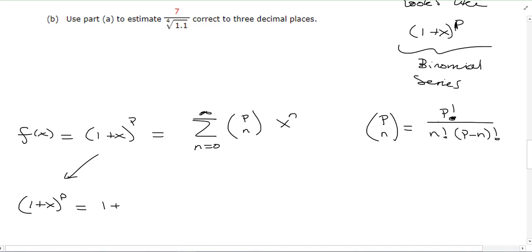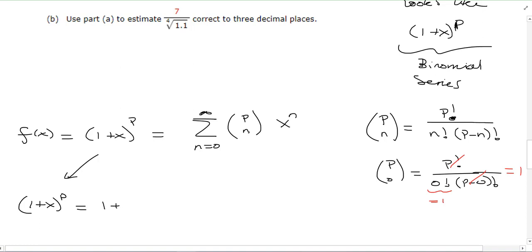So when n is 0, p choose 0 is p factorial over 0 factorial times p minus 0 factorial. 0 factorial is defined to be 1, right? So you end up with p factorial divided by p factorial, which is 1. So that's how we end up with that 1 there.